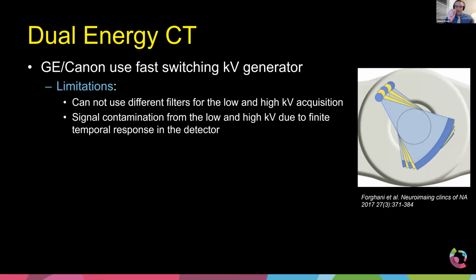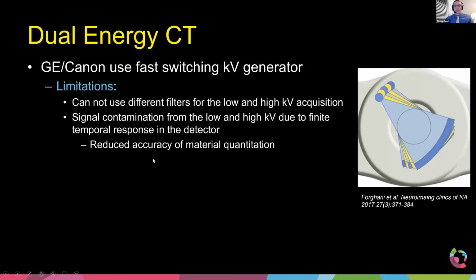So there's what we call a slight amount of signal contamination, as it's not able to perfectly switch from low to high instantaneously. It gets close. As we say, 0.2 milliseconds, that's pretty darn good. But once again, it's not perfect.